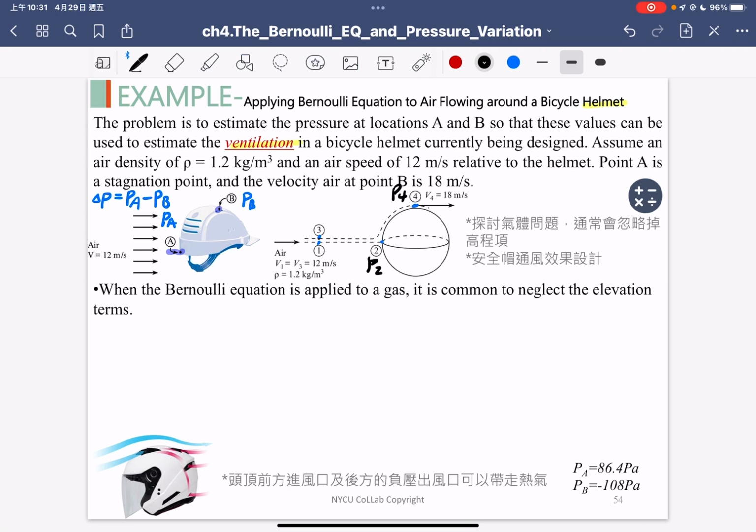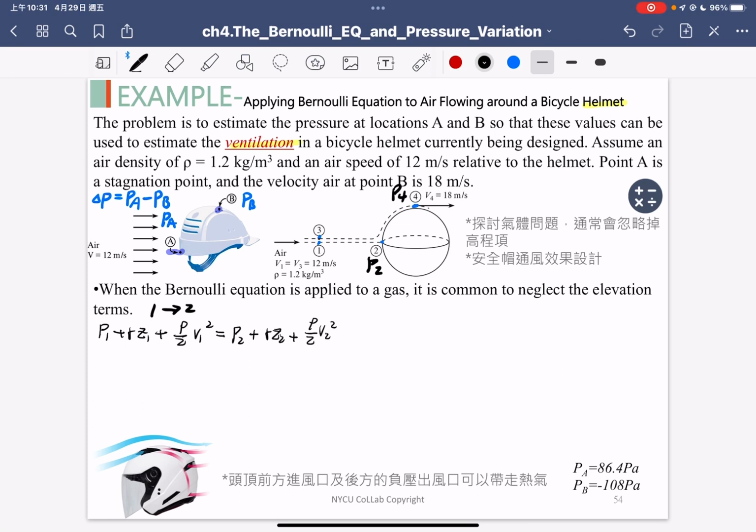As I mentioned, so the 1 to 2, right? Point 1 and point 2 satisfy the same streamline. Applying the Bernoulli equation, we know that P1 plus gamma Z1 plus 1/2 rho V1 squared is equal to P2 plus gamma Z2 plus 1/2 rho V2 squared, right?